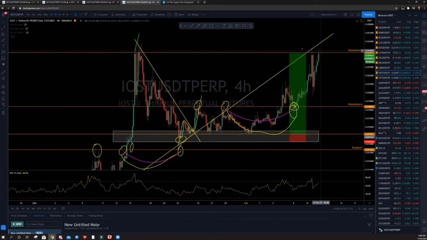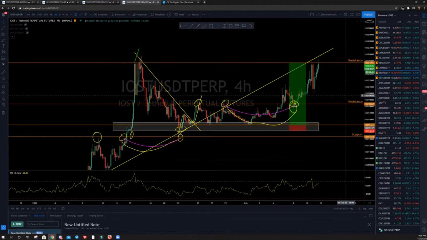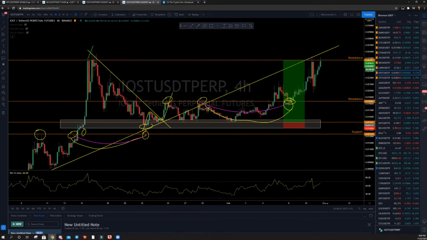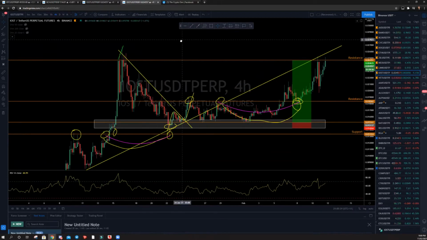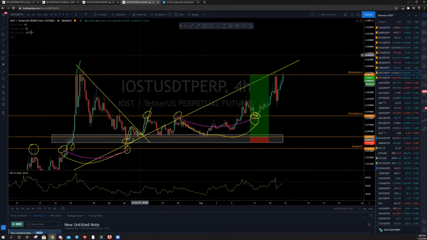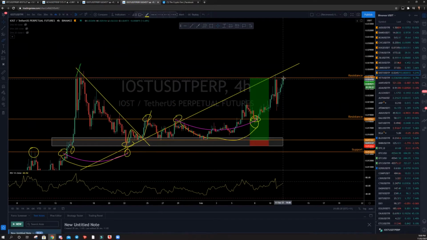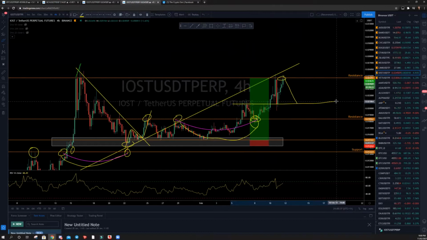So now I'm out of this trade. I'm not in it. I'm not looking to long it. I'm not actually looking to do anything with it at the moment. If anything, with EOS at the moment, I'm looking for either the rejection here and back down to another support level, which would go right across here.